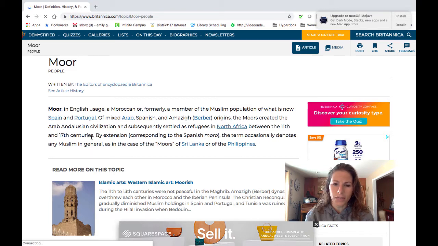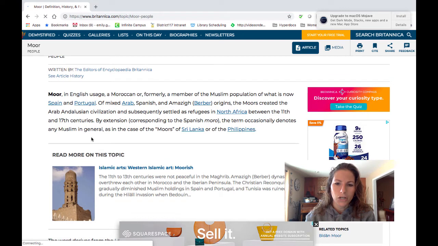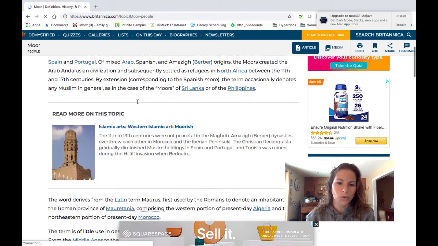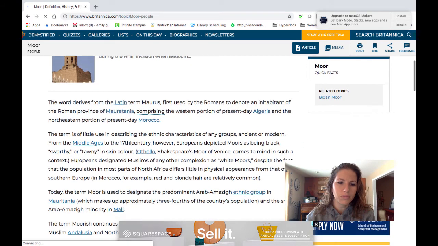If you have not yet looked up the Berbers, you might be interested in using that for your intellectual curiosity. And the Moors created the Arab Andalusian civilization and subsequently settled as refugees in North Africa between the 11th and 17th centuries. By extension, the term occasionally denotes any Muslim in general, as in the case of the Moors of Sri Lanka or of the Philippines. Okay, so you have here a good definition of who and what they are, where the term comes from.